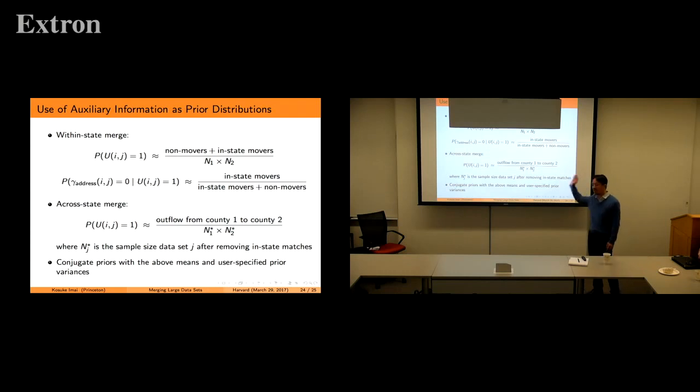We use the conjugate, so you center the beta distribution. But then you have to think about how much you want the prior to inform. You have to put a very tight variance because it's a huge amount of data. Otherwise, nothing changes.